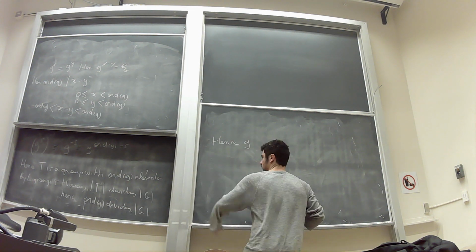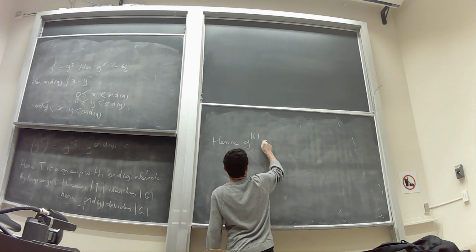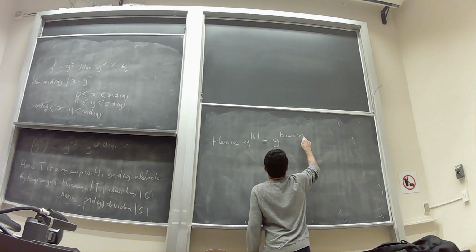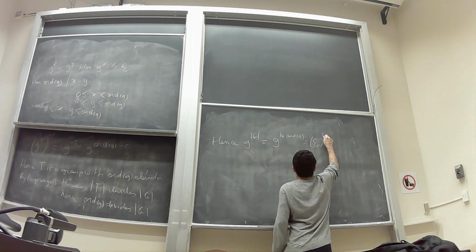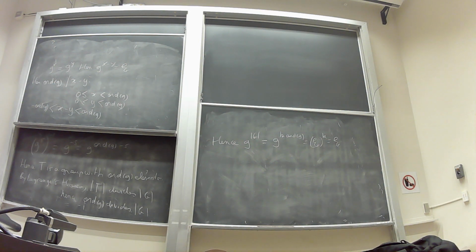Okay, so if the order of g divides the order of big G, it's also the case that e_G is g to the k, which is g. Are we good here?